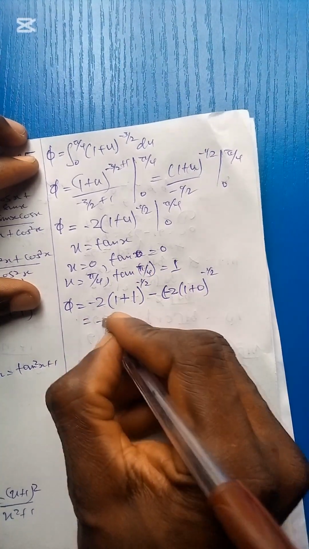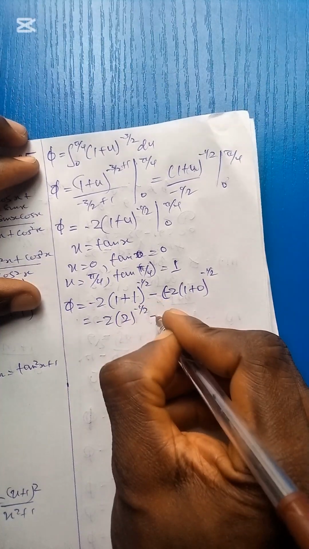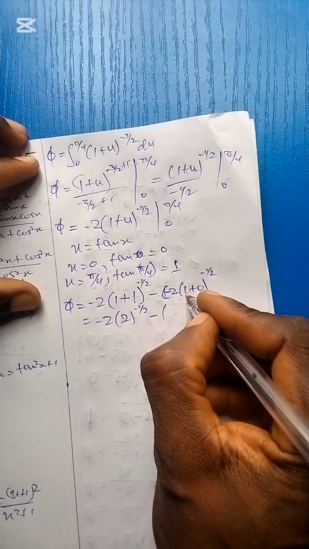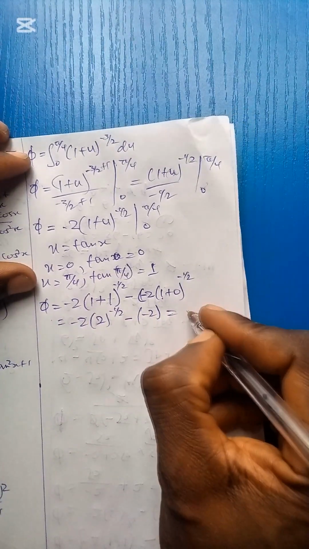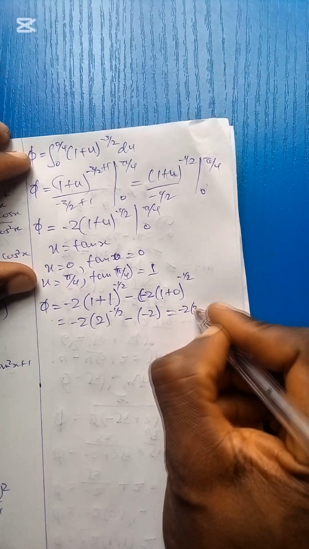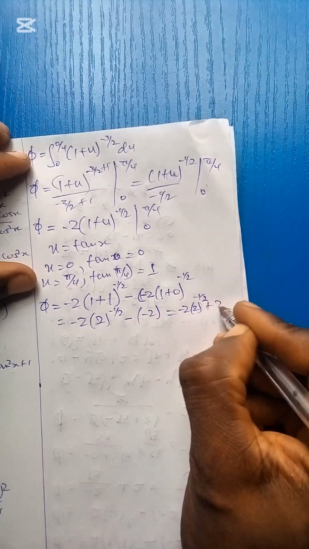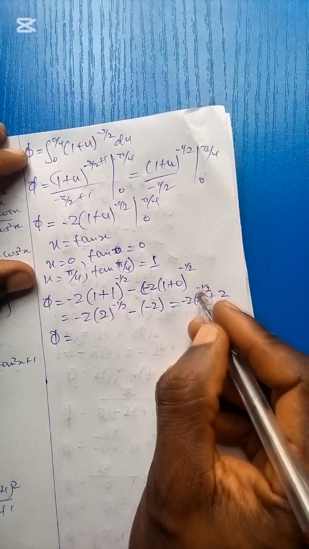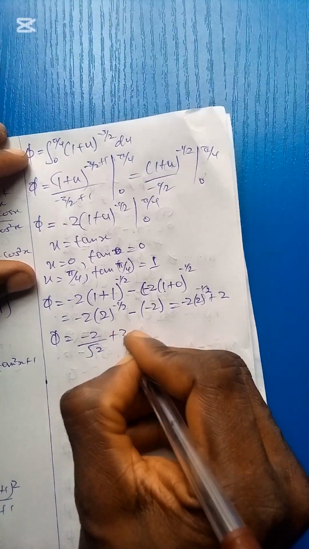Now that becomes minus 2 brackets 2 to power minus 1 over 2, then minus, here becomes 1, then minus minus 2. When we evaluate this, we have minus 2 brackets 2 to power minus 1 over 2 here, then plus 2. So phi equals, when we write this one, minus 2 over root 2 plus 2.